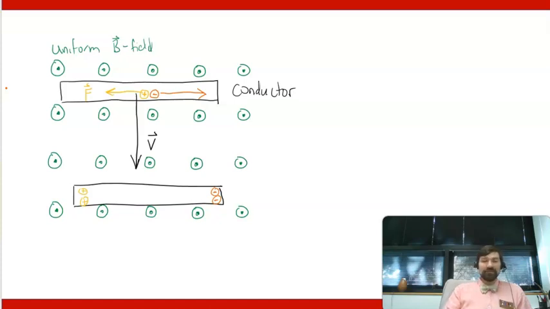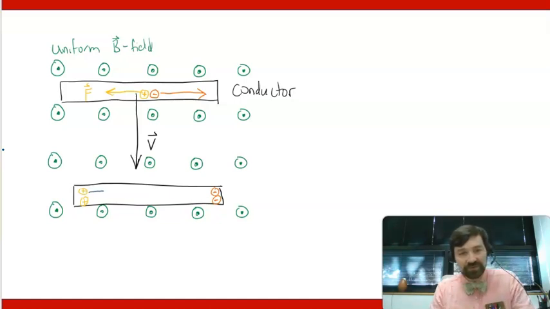But since I have plus charges here and minus charges here, I also expect there to start to be an electric field. If I draw the electric field, this isn't a very good drawing, but more or less the electric field lines point from the plus charge side to the minus charge side, like so.